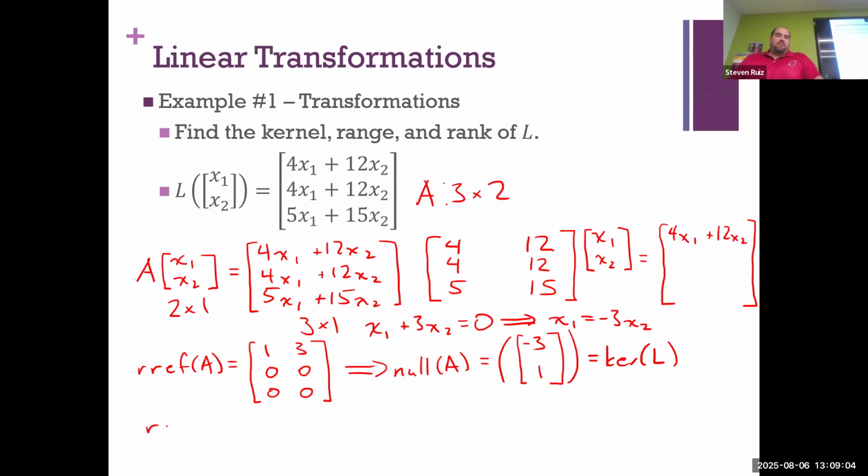But the range of L, which is equal to the column space of A, really is an infinite number of things. So the way we're going to describe it is through its basis, which is a single vector.